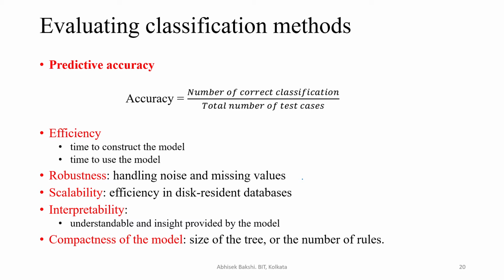In that case, if the data is noisy, your learning will definitely not be good. So we have to make the model robust so that it can handle this type of noisy data.